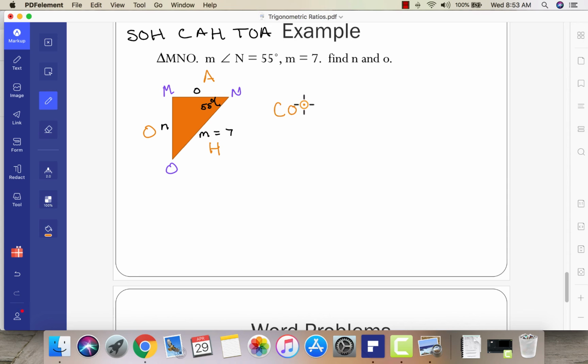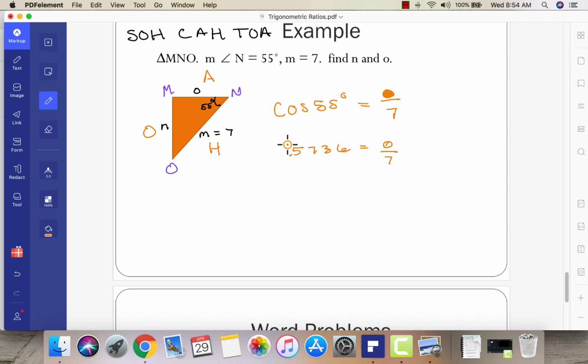So cosine of 55 degrees will equal, okay, so cosine is adjacent over hypotenuse. So adjacent is our side O over our hypotenuse, which is 7. So now I'm going to type in my calculator cosine 55, and I'm going to get 0.5736 equals O over 7.